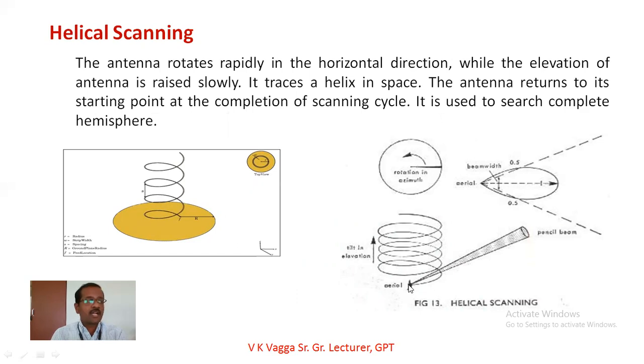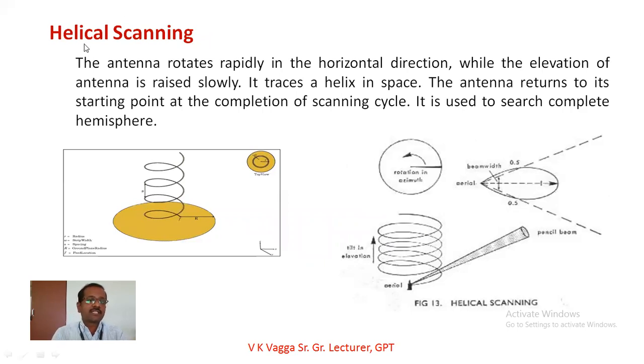It starts from the horizontal axis and rotates in a circle exactly the same as horizontal scanning, but it rises slowly. It takes the shape of a spring, increasing vertically.